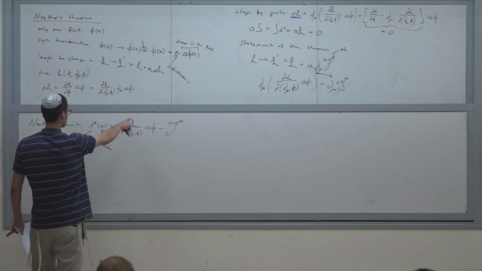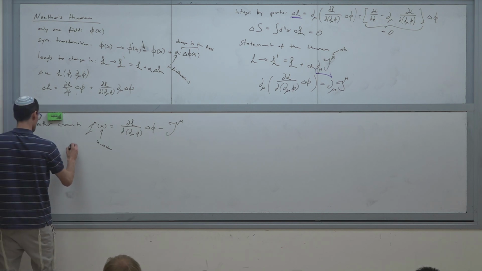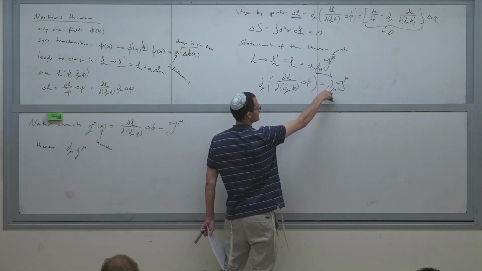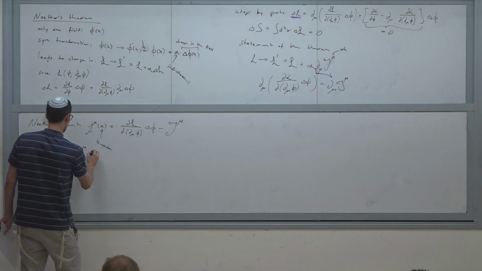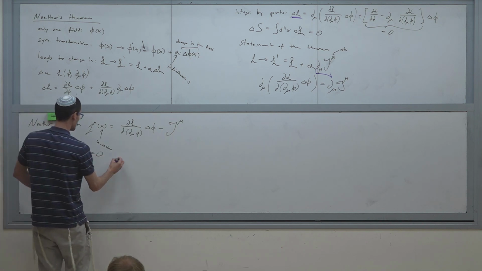And you then see, with this definition, Noether's theorem is that d mu J mu is equal to 0, and you recognize this. This is a continuity equation.